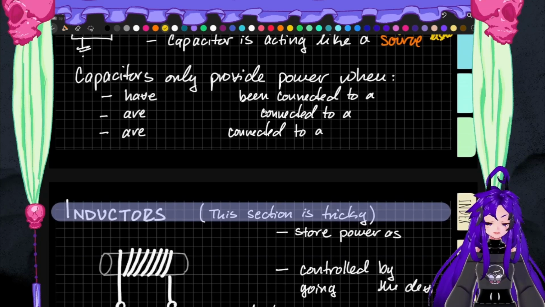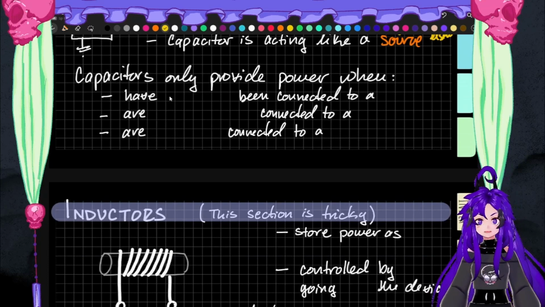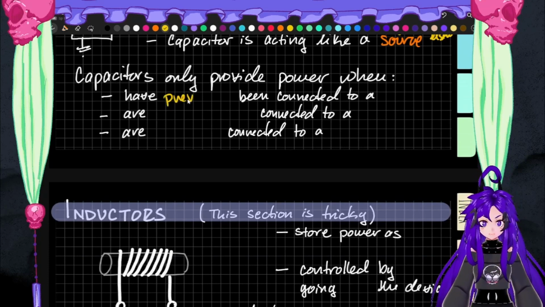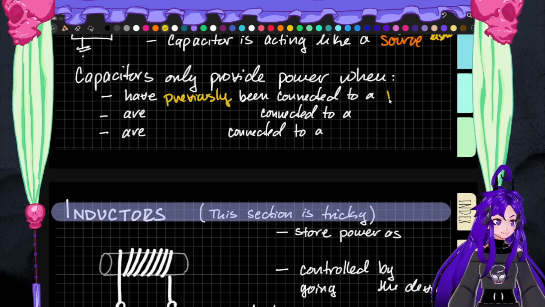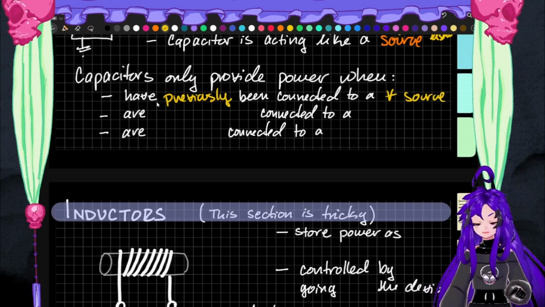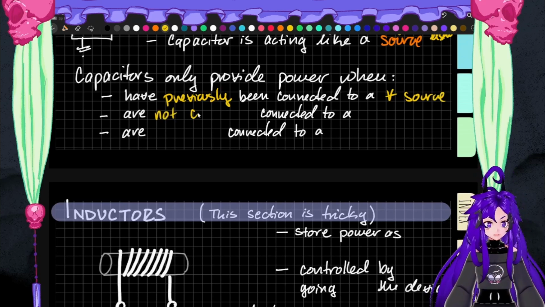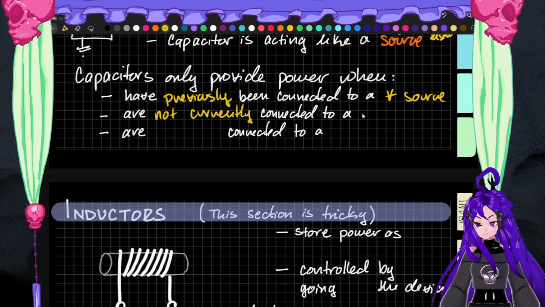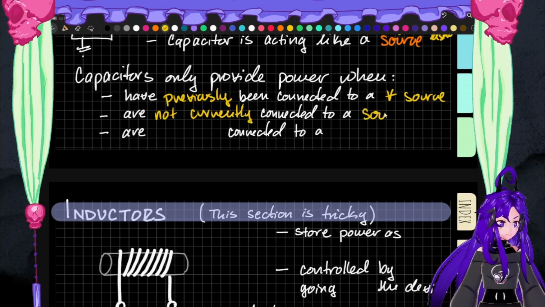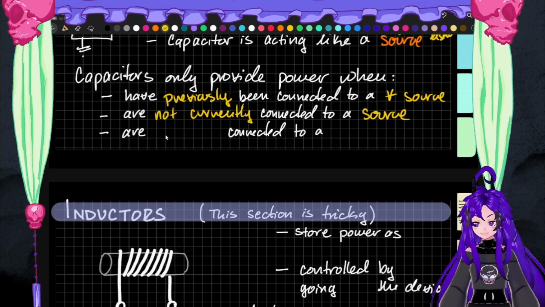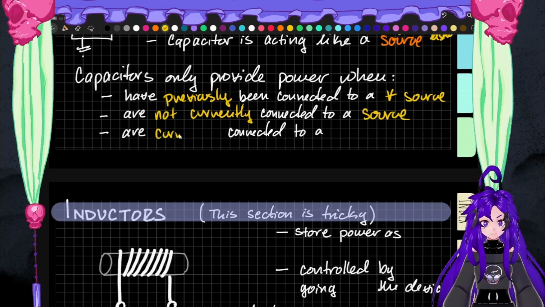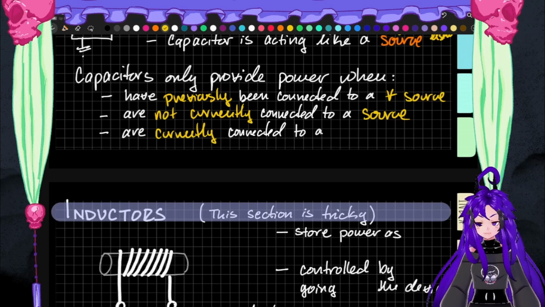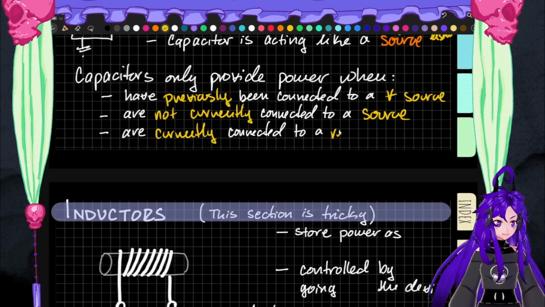Capacitors only provide power when they have previously been connected to a voltage source. They are not currently connected to a source and are currently connected to a resistive device.